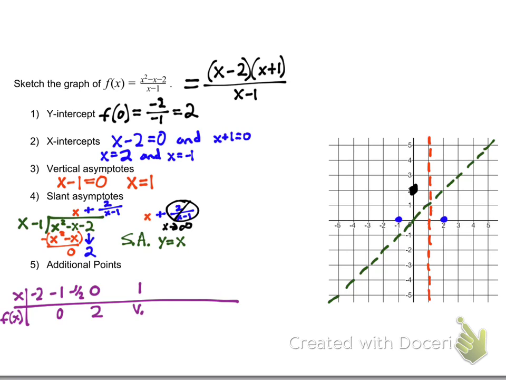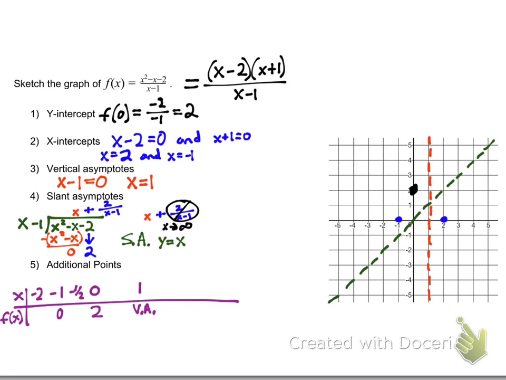Let's see, okay, sorry, let me rewind just a little bit. So I've got the point -1. I need to worry about to the left of -1, so I'm going to pick an easy point, -2. I think that's the easiest one to calculate there. 0, 2 is actually the one I don't need, but I'm going to go ahead and fill in the gap between those and find -1/2.